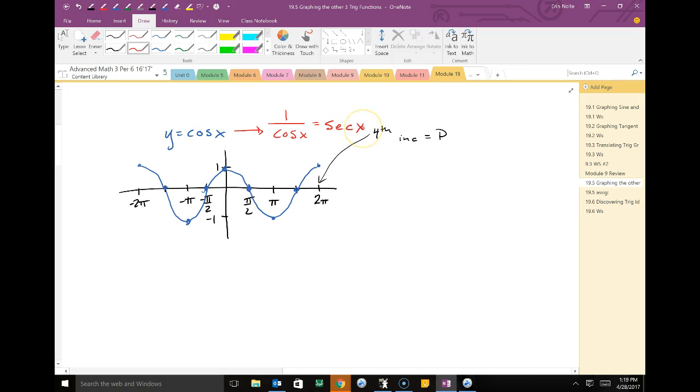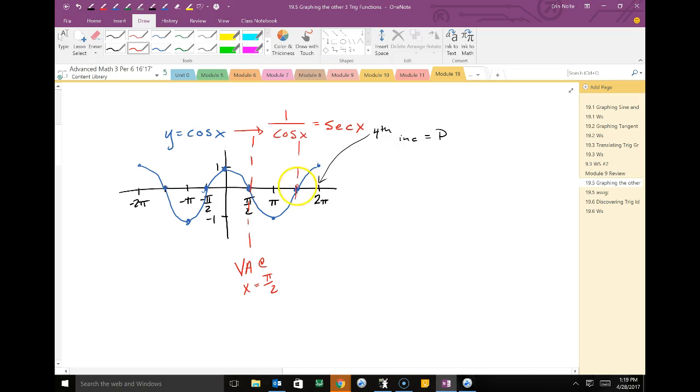Where am I going to have vertical asymptotes? What I'm looking for is where the cosine is equal to 0. At pi over 2. Good. So x at pi over 2.